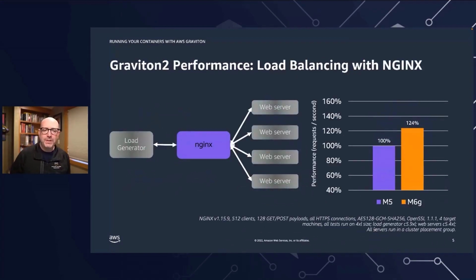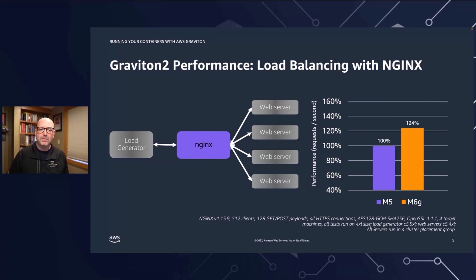So to demonstrate some of the performance gains customers can see with Graviton, we've set up a few different tests of real-world workloads. One example is load balancing with Nginx. We've compared a load balance setup with Nginx on M5 x86-based instances and then tried to run the same workload on our M6G Graviton instances.